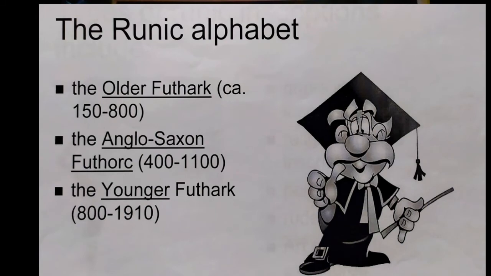There were three groups of the runic alphabet. The first was the Older Futhark. The Older Futhark was used from 150 of our era to 800, that is, from the 1st to 8th centuries of our era.